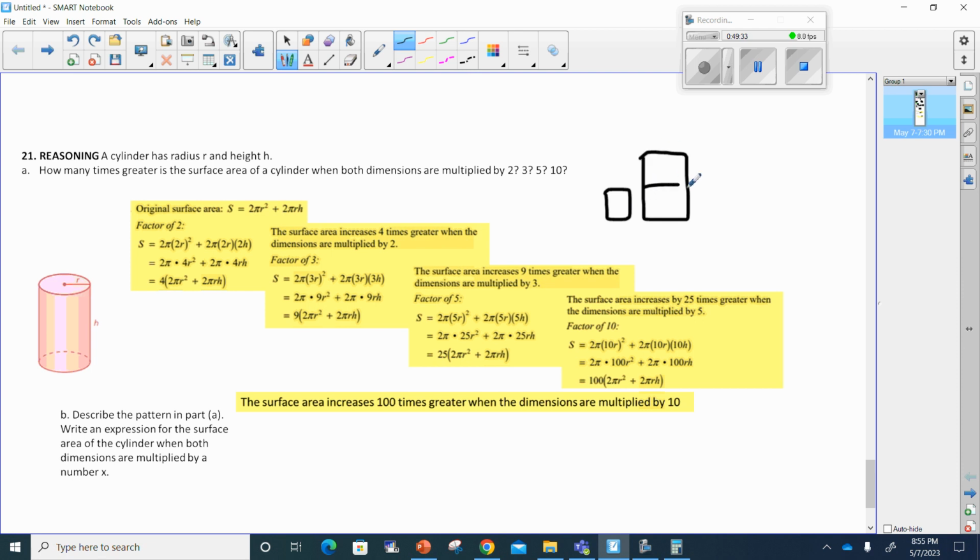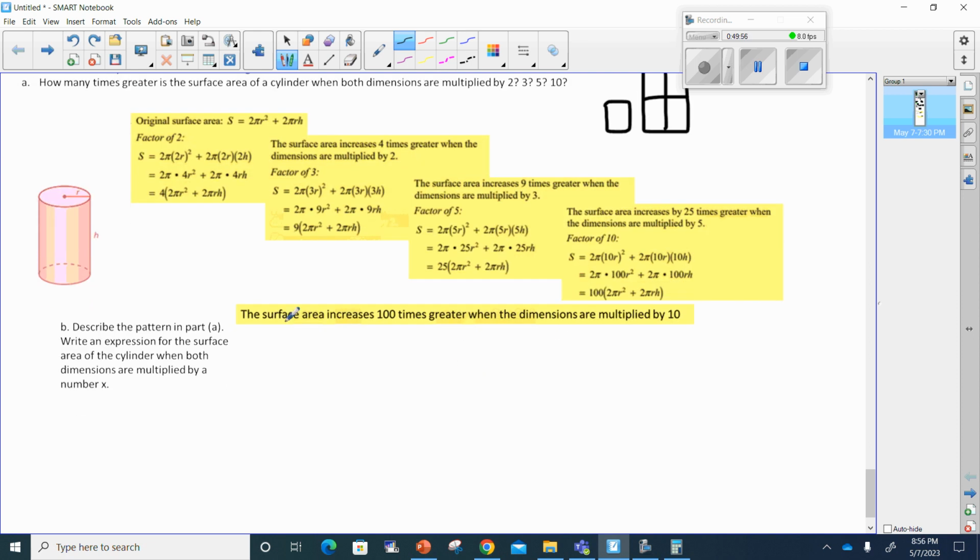Well, this is going to go into it 1, 2, 3, 4 times. We're going to make it twice as wide and twice as tall, right? So when I multiply by a factor of 2, 4 times greater. When I multiply by a factor of 3, 9 times greater. When I multiply by a factor of 5, 25 times greater. When I multiply by a factor of 10, 100 times greater, because 10 times 10 is 100.